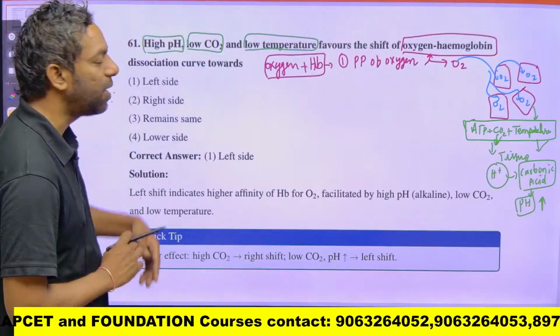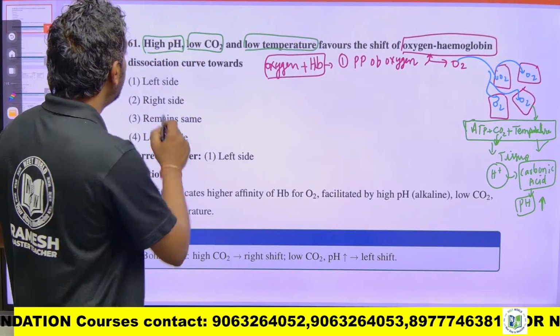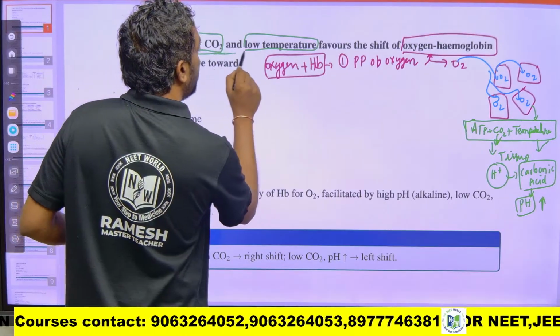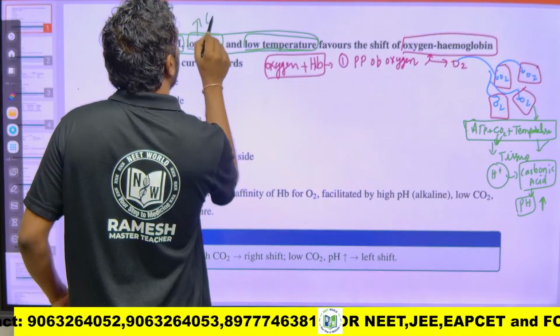So high pH means it is a base. These conditions, high pH, low CO2, low temperature, take place in the lungs.